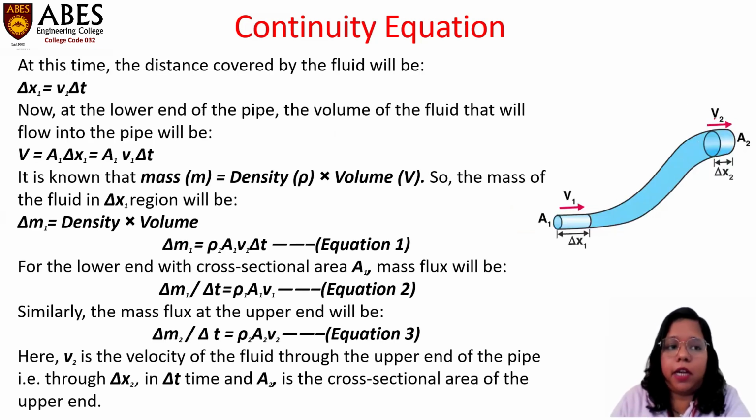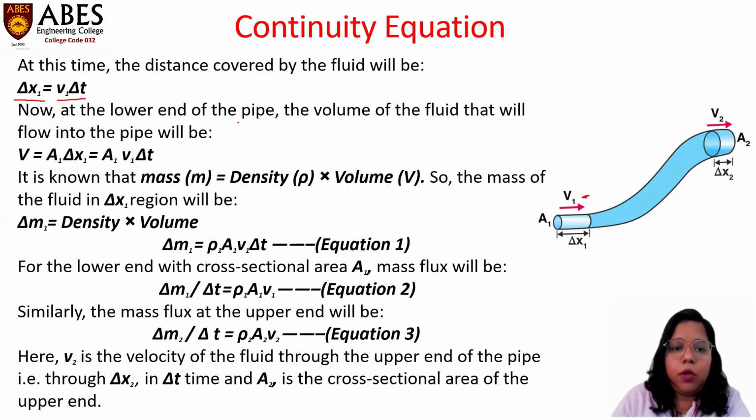So in delta t time, the distance covered by the fluid will be delta x1. That will be equal to v1 into delta t, velocity into time. The velocity is v1 and the time interval is delta t.